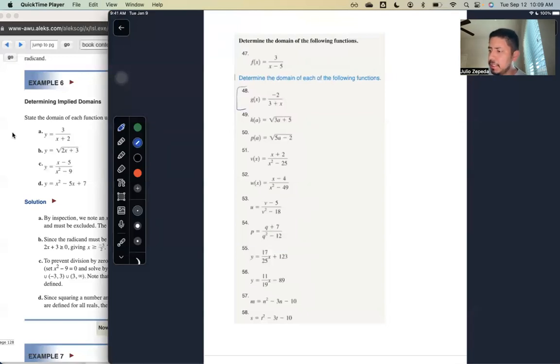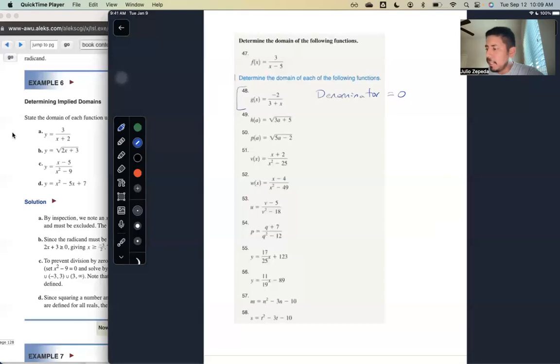The way that we do it is we set the denominator equal to 0 and solve for x. We don't want the denominator to be equal to 0. So we set it equal to 0 to figure out which x values will make the denominator 0, and then we exclude those values from the domain. The domain of a rational function is going to be all real numbers except those that make the denominator 0.